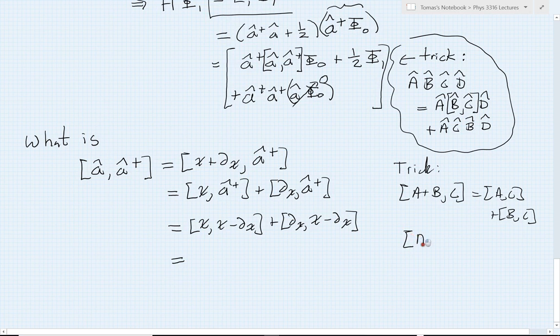I could have A commute with B plus C, which would then be A commute with B plus A commute with C. I miswrote that there. And this works for exactly the same reasons that the other trick worked.